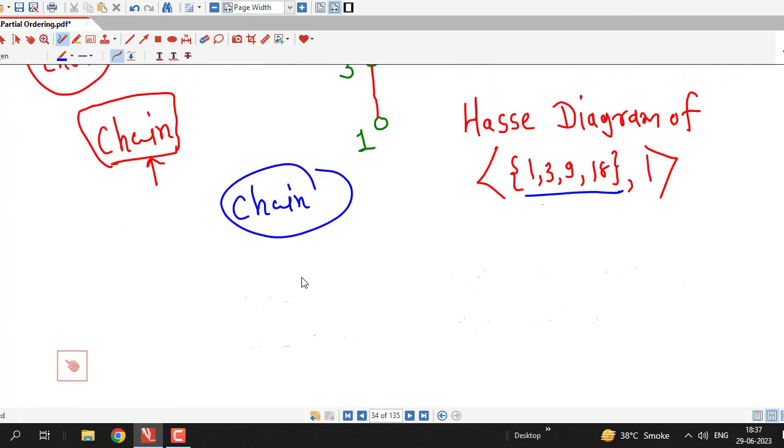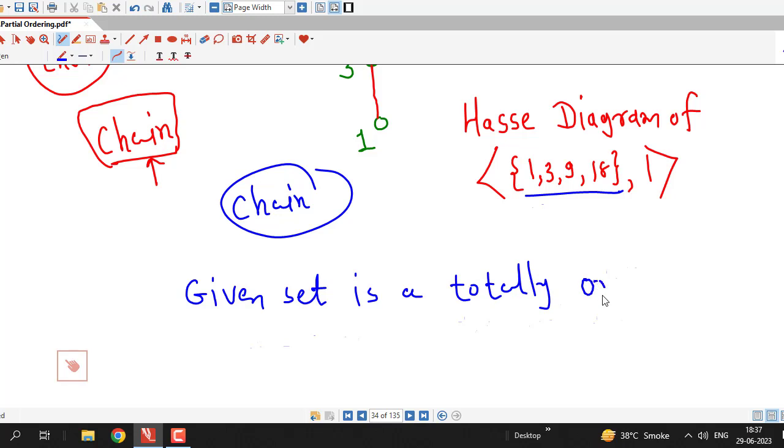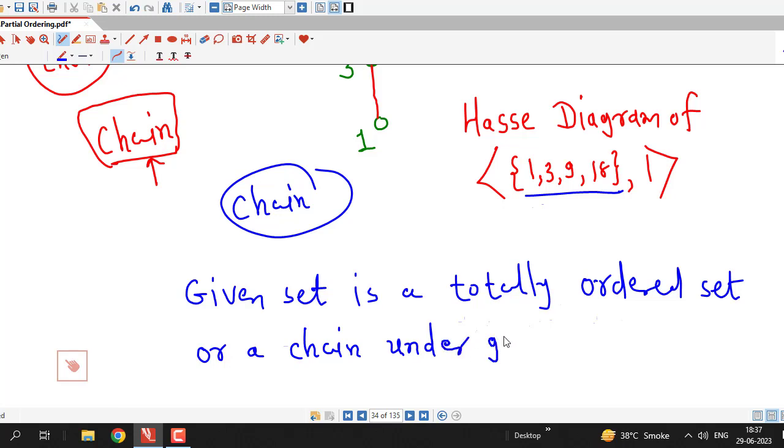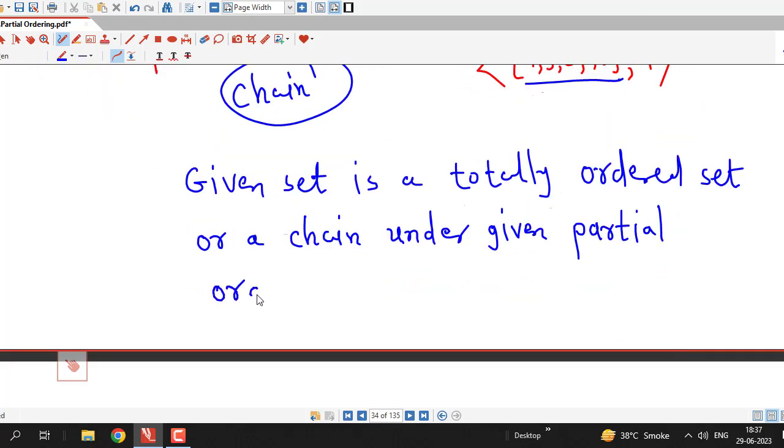So here we can write that the given set is a totally ordered set or a chain under the given partial order relation, and that relation is nothing but the divides relation.